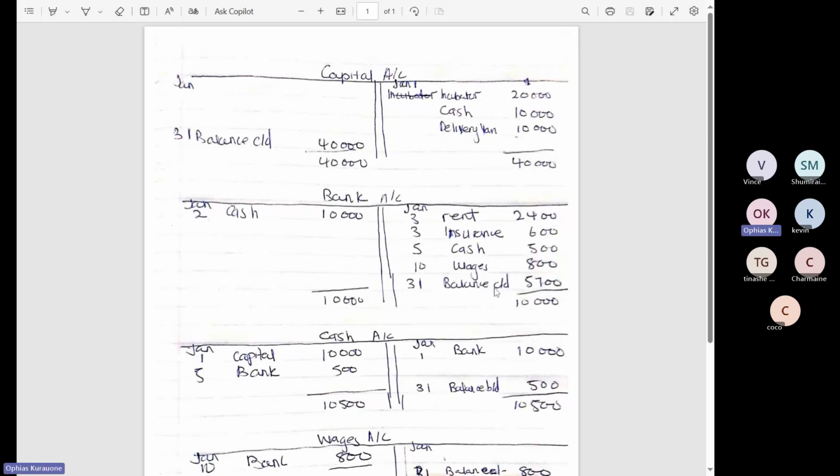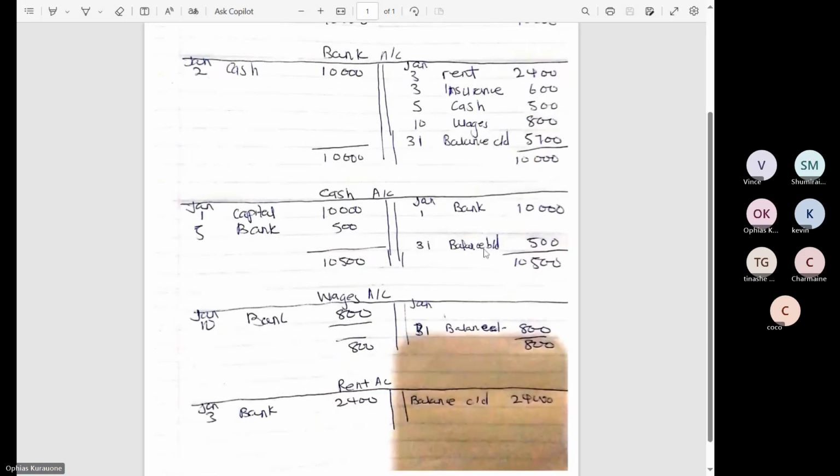Because that is the amount which was available. So the bank, after it had received, went on to pay these ones. So this is the debit balance and the credit side. Then the cash account received 10,000 as capital. Then the bank 500. This 500, double entry system, on the 5 January and here on the 5 January 500.